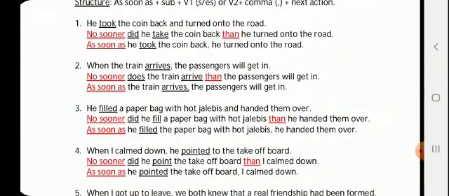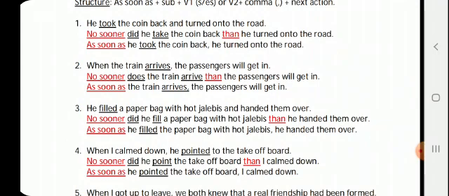He took the coin back and turned onto the road. Now you can see I've underlined the word took because that's our first action. Took is in the past form, students. So when we are changing it into no sooner, we will add the auxiliary verb. Here took is past form, so we have added did.